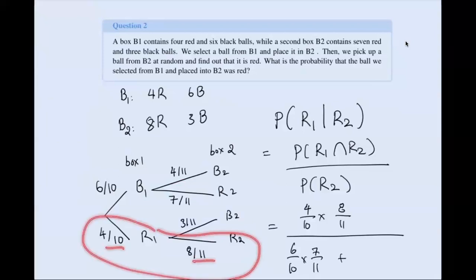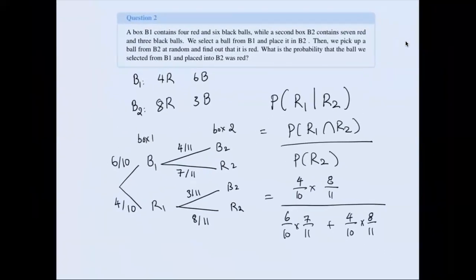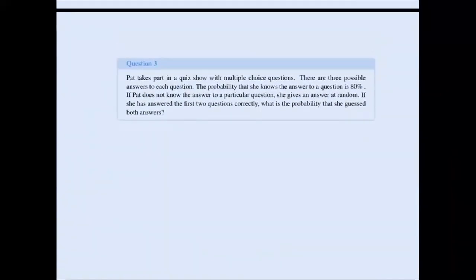We also multiply them. And if you put it in the calculator, you will get a final answer. Any question about this one? If no, I will let you work on question 3.